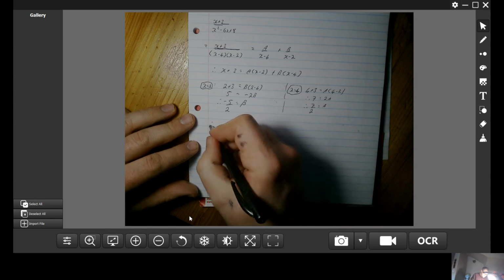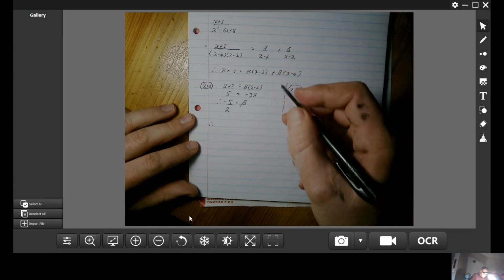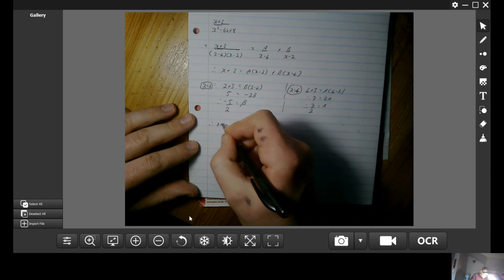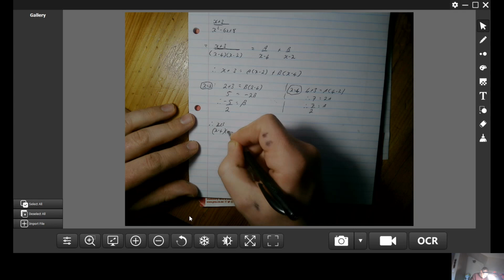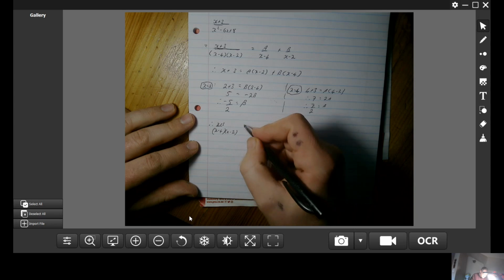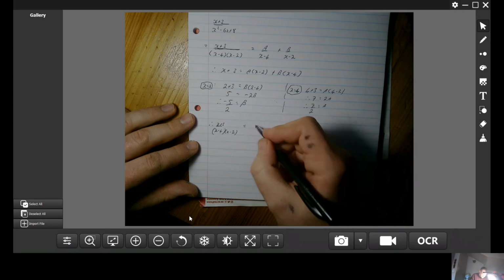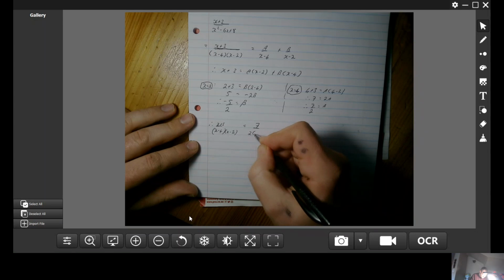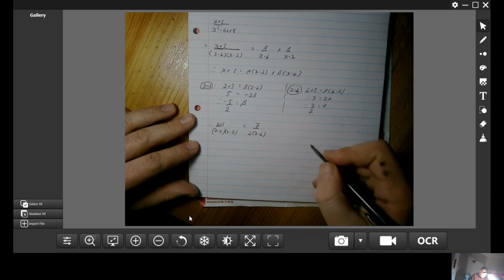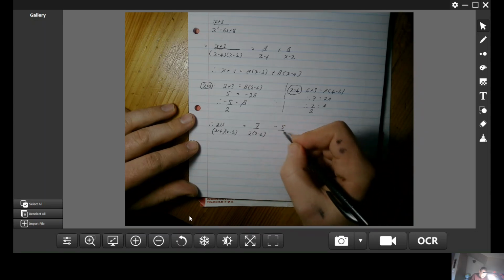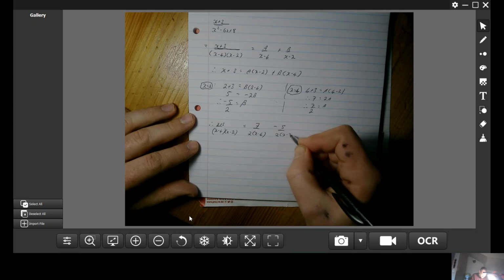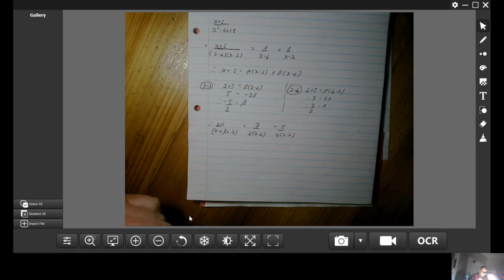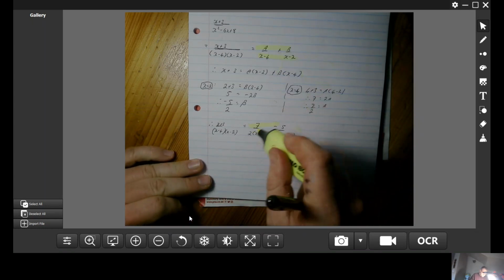So x plus 3 over x minus 4, x minus 2 is in fact equal to a over x minus 4, which is 7 over 2 times x minus 4, plus b, which is minus 5 over 2 times x minus 2. So that has become that.